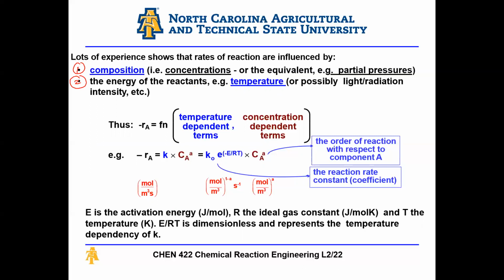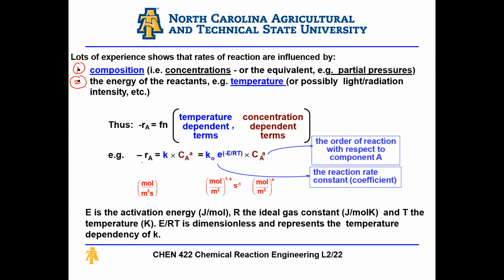I'm sure you've seen all of this before from a basic chemistry course, where reaction rate is a function of concentrations, Ca to the power A, Cb to the power B, whatever, and the energy of the reactants, which is primarily your temperature, right? Or energy could also be light, radiation, or any other type of energy, but most of the time it refers to temperature. Therefore, your reaction rate is a function of temperature-dependent terms and concentration-dependent terms.